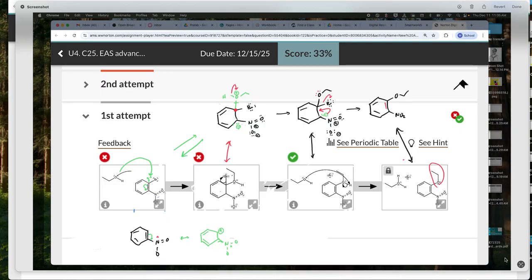That's not our para, that would be our second position or our ortho. If we continue to do our resonance, we could get it around to the para position. And if we continue to do resonance, we could get it around to the other ortho position, right?